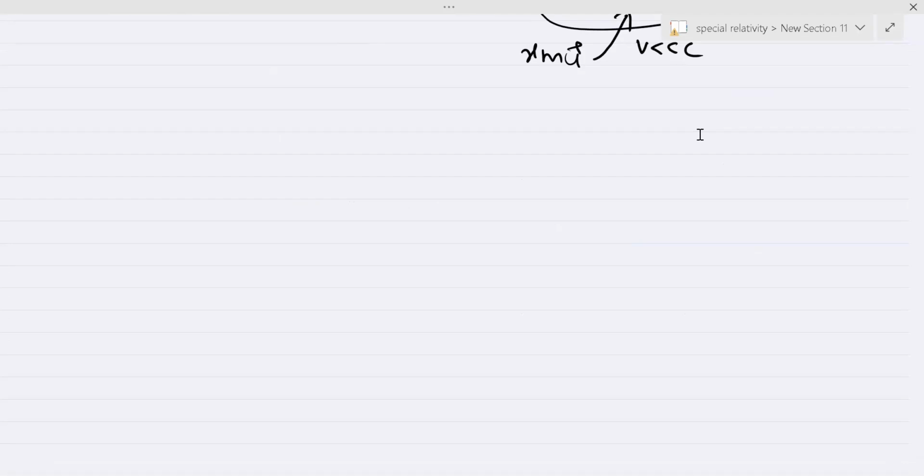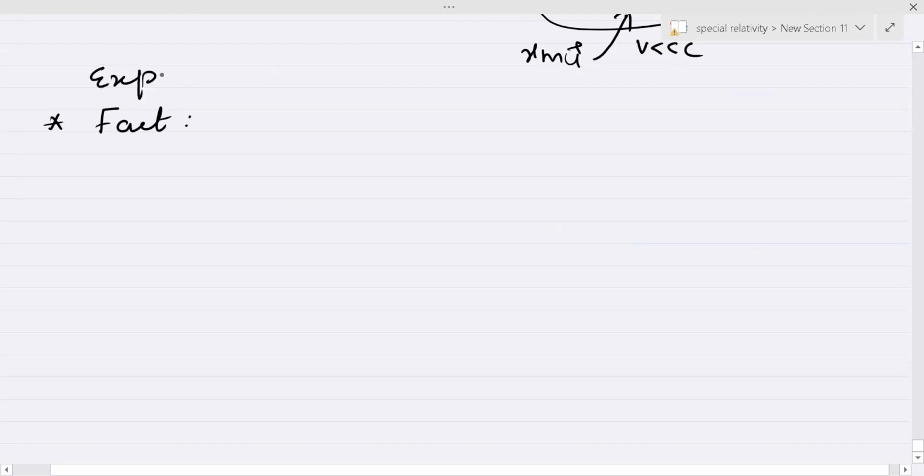Okay, now there's an important fact. You can call it an experimental fact, but it's also kind of a law of physics. What's this experimental fact?